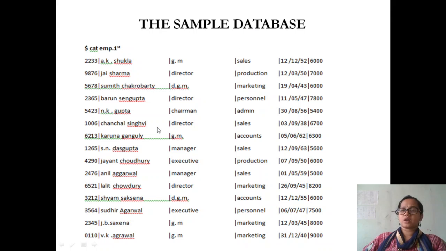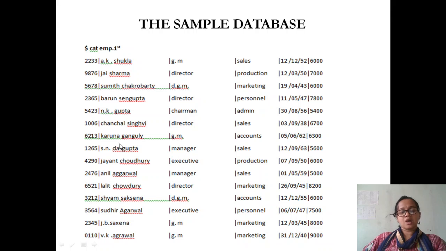Before going into all types of filters, we will get to know the sample database. Why is this necessary? We use this database in our further examples to show the filter commands, how to filter by using those commands, like the PR command, head command, tail command.